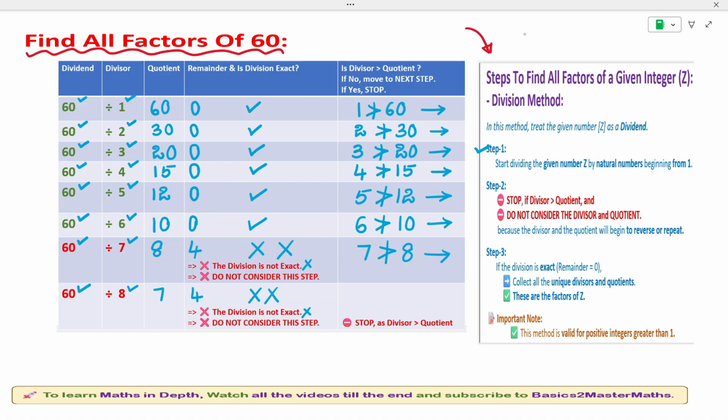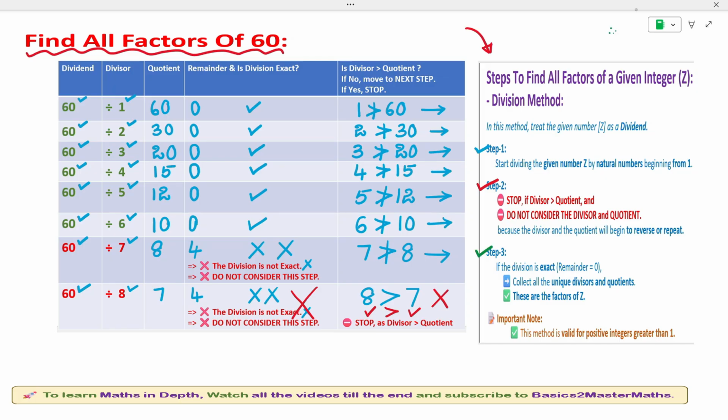In this case, the divisor 8 is greater than the quotient 7. As per step 2, stop here since the divisor is greater than the quotient. And please do not consider this step.